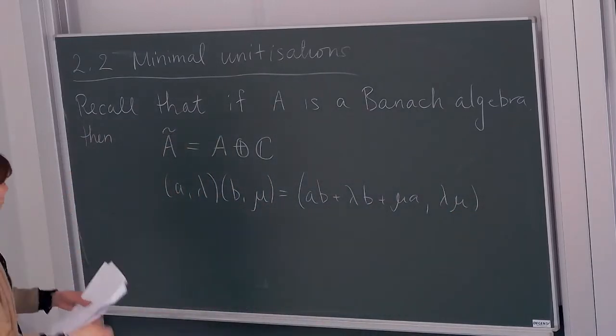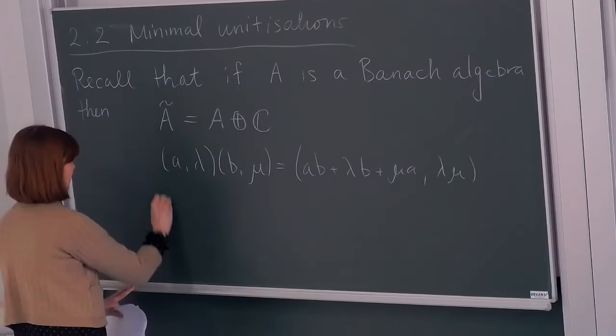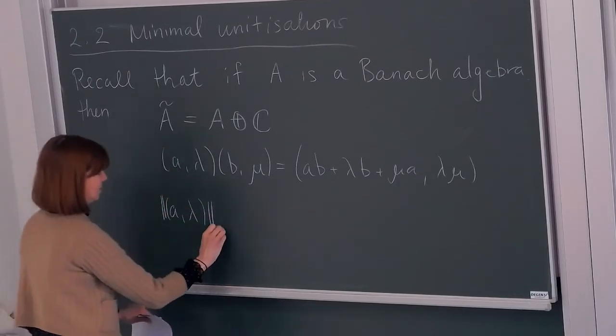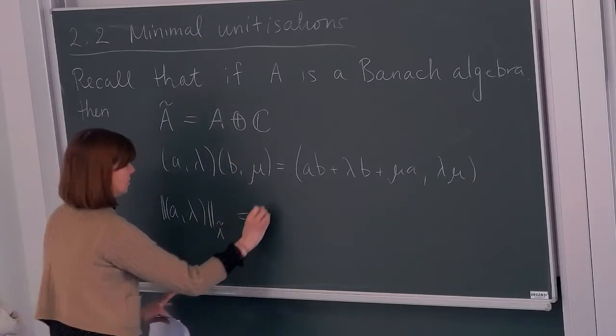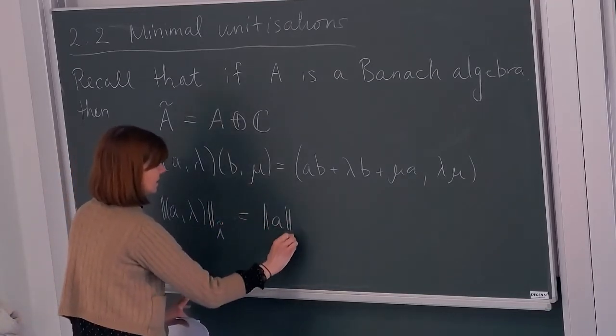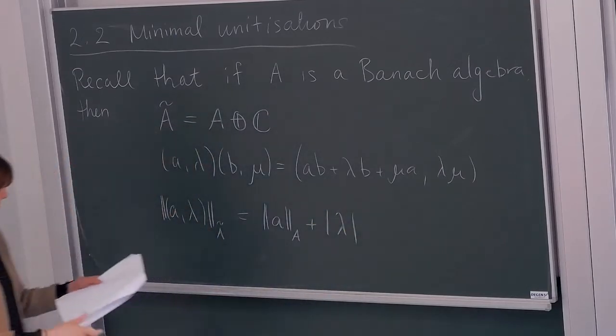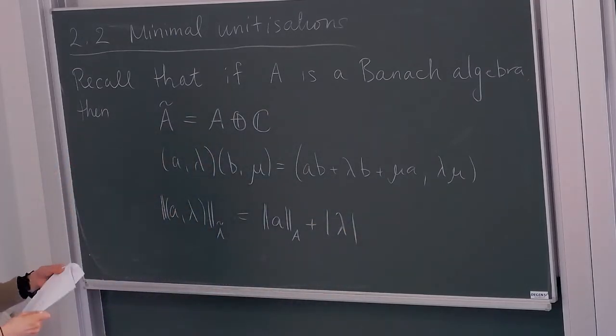And we had the norm on A tilde to be the norm of a as an element in A plus the absolute value of lambda.